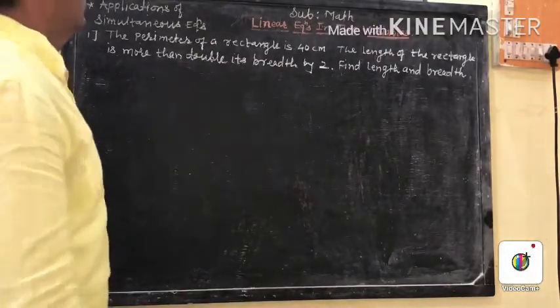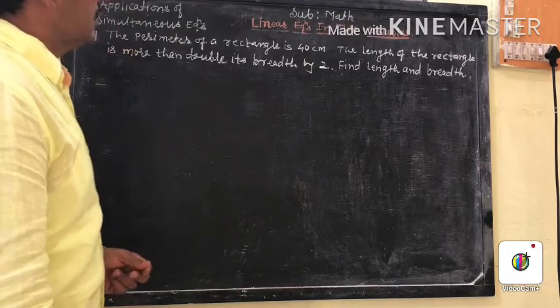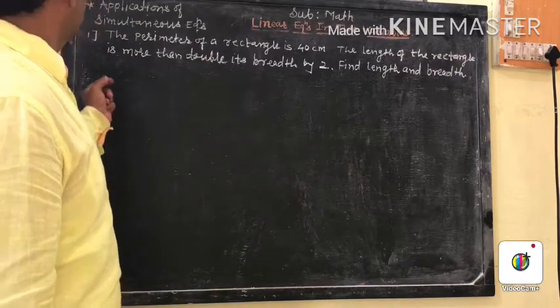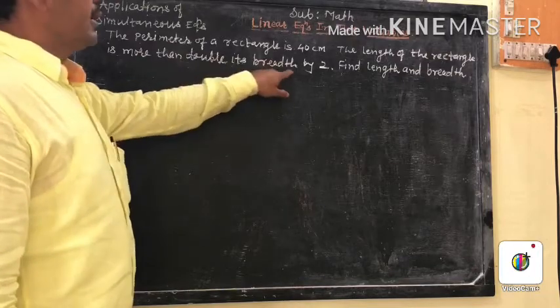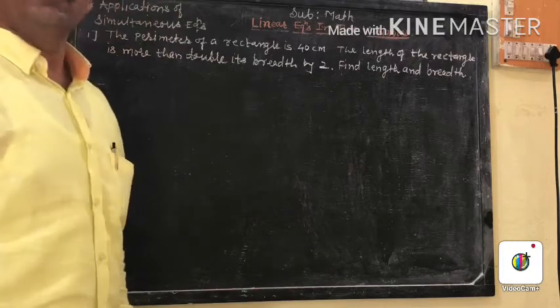Here is one example. The perimeter of a rectangle is 40 centimeter. The length of the rectangle is more than double its breadth by 2. Find the length and breadth of that rectangle.